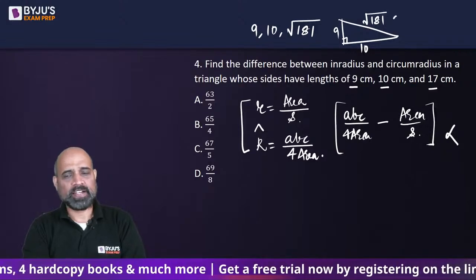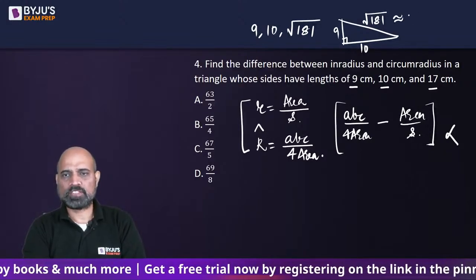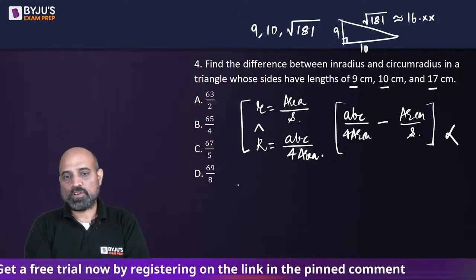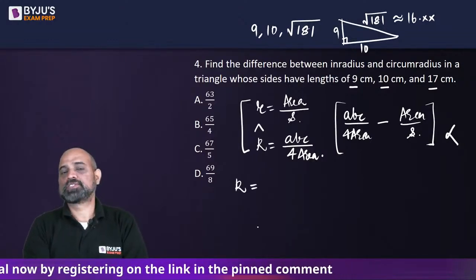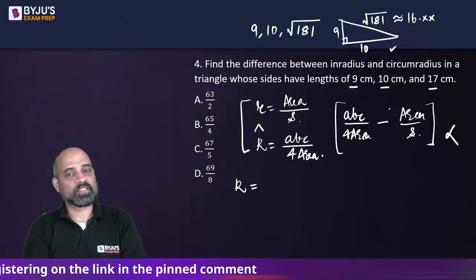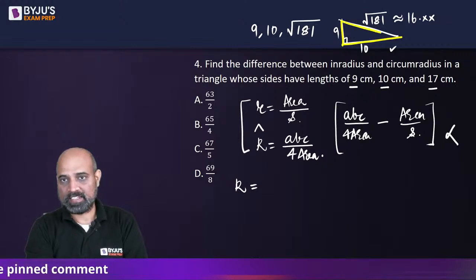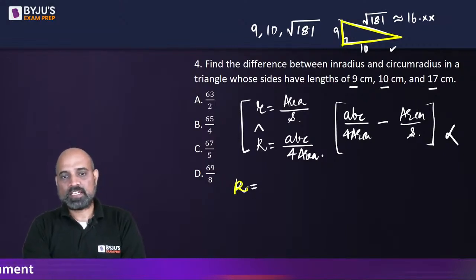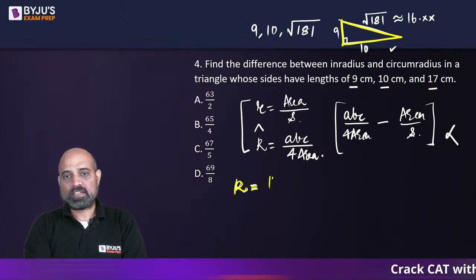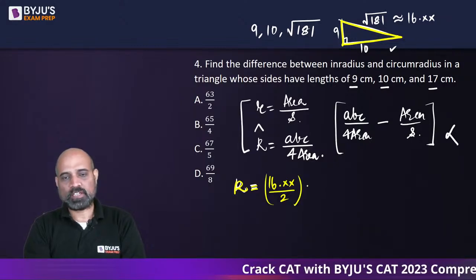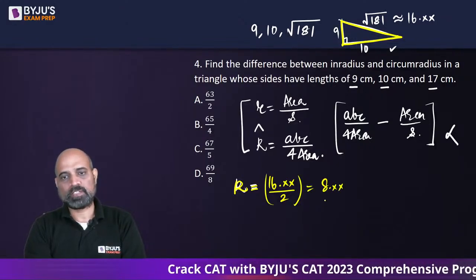Now under root 181 is going to be approximately 16 point something. Now if I want to calculate the circumradius of this right angle triangle, this is given as 16 point something ka half, right? Hypotenuse ka half hota hai. So this is going to be 8 point something.